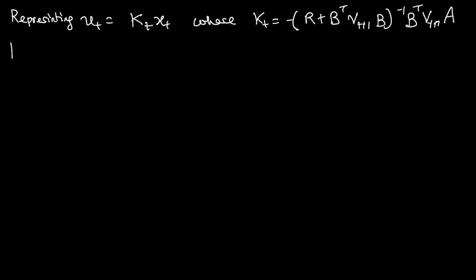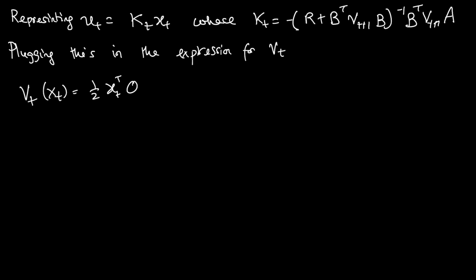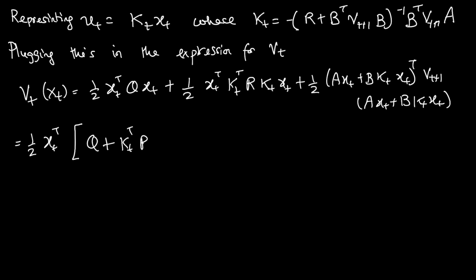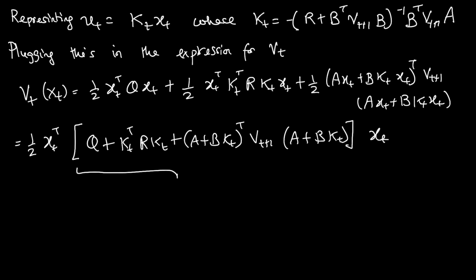Now plugging this back in to our original value gives us the expression V_t(x_t) equal to half x_t transpose Q x_t plus the rest of the expression where you've plugged in u_t equal to K_t x_t. And if you separate out the x_t terms, you get a quadratic in x_t.